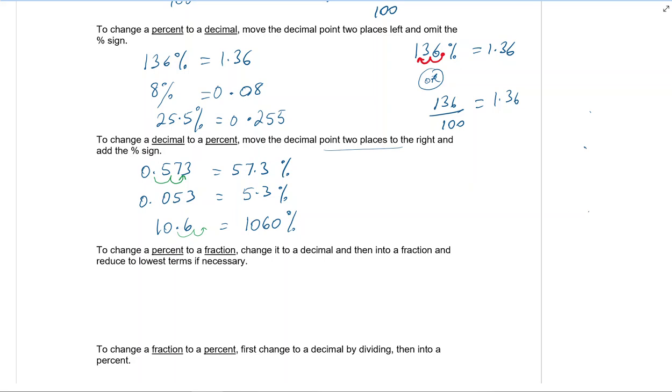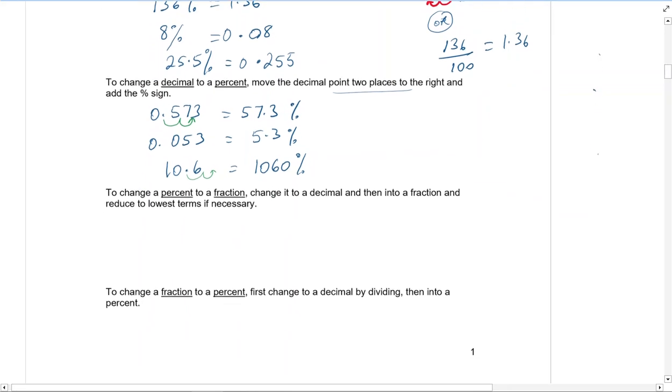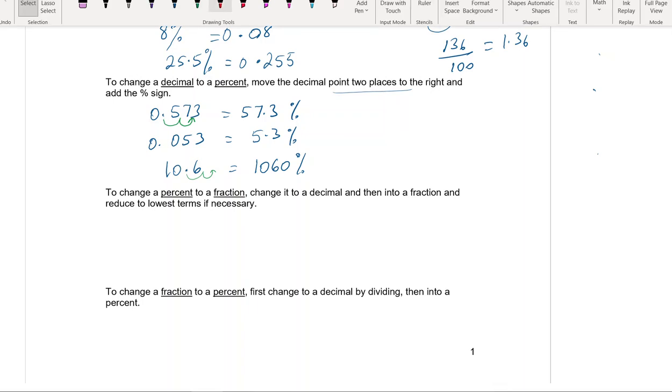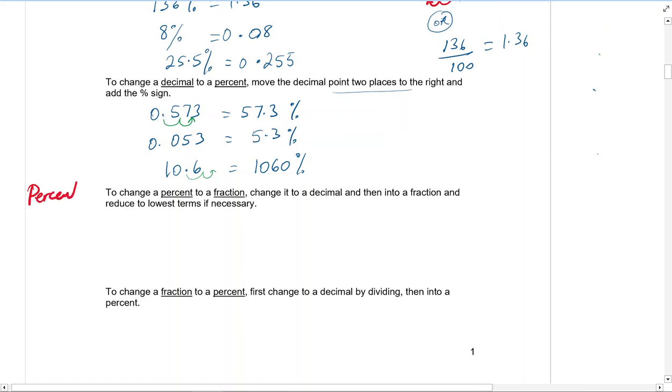Alright, next we can also write a percent as a fraction. In order to change a percent into a fraction, you can first change it to decimal form, and then change it into a fraction.